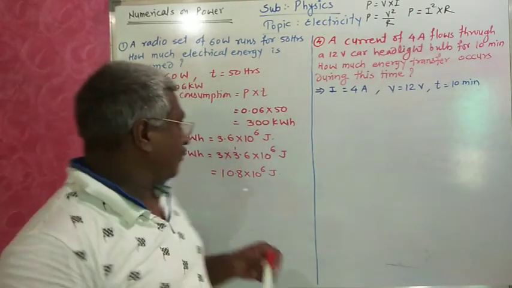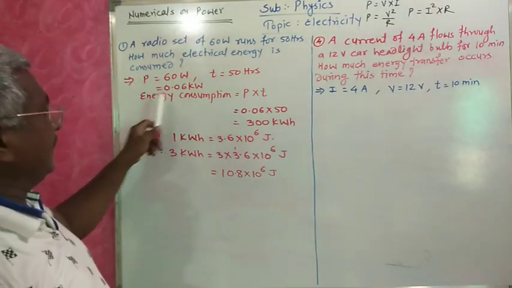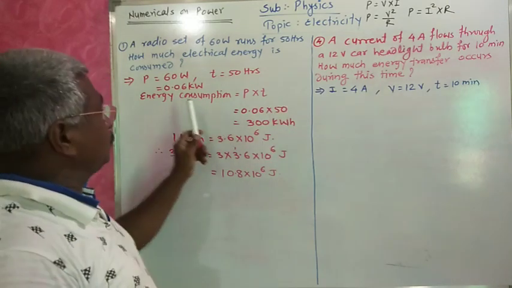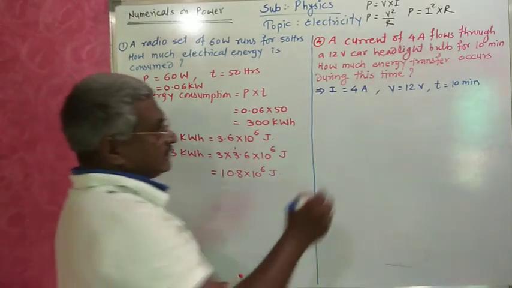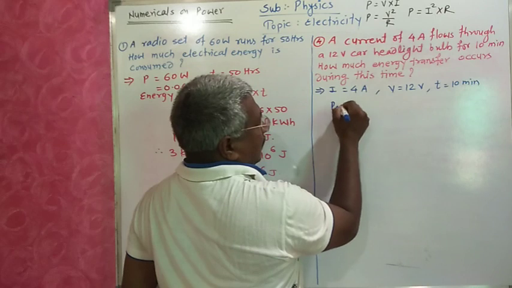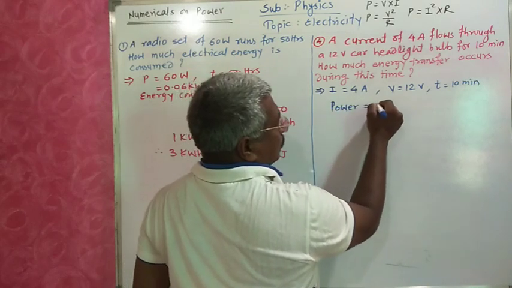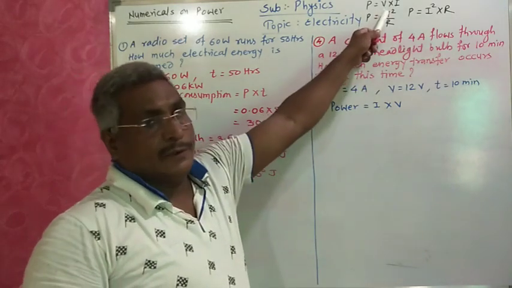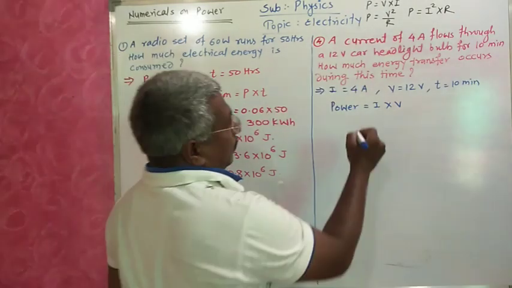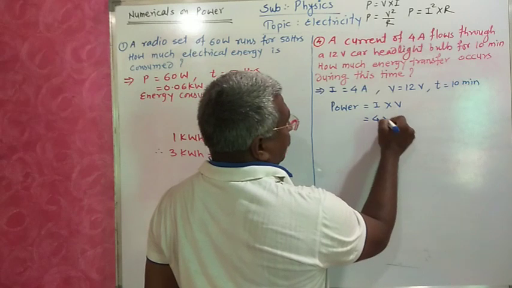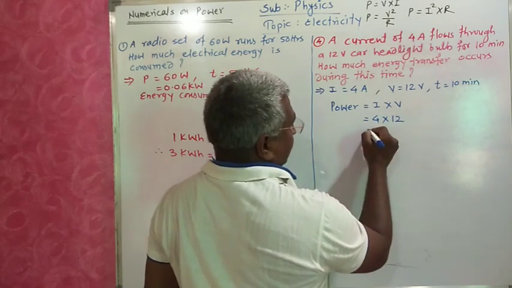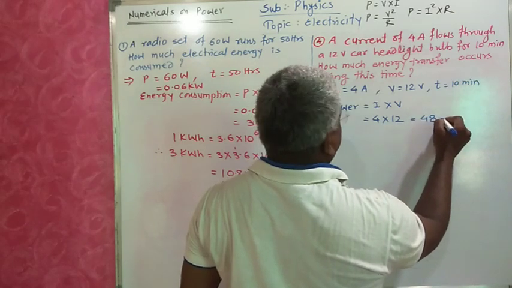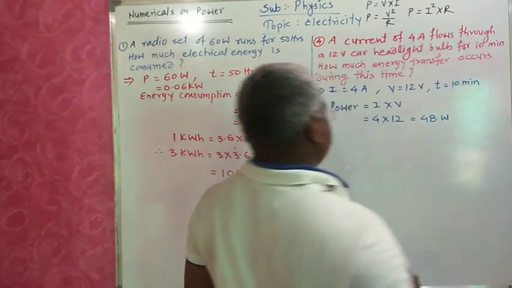So what is the formula for energy consumption? Energy consumption equals power into time. So we should know the power. What is the power? Power equals I into V. In that formula we use current 4, 12. So what will we get? 48 watt.